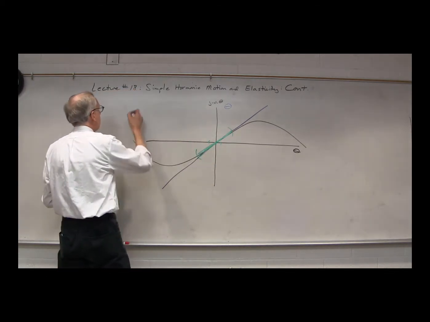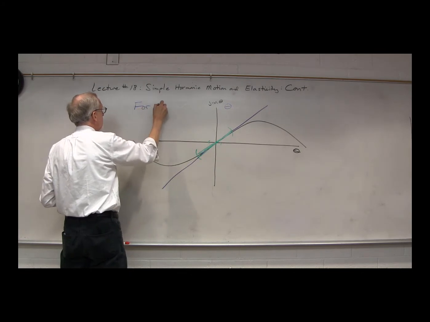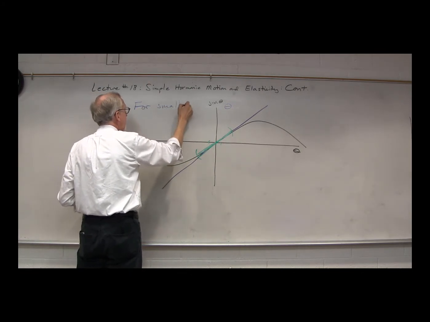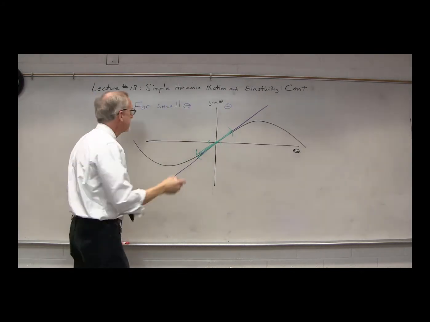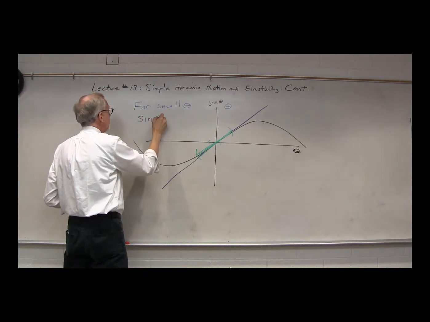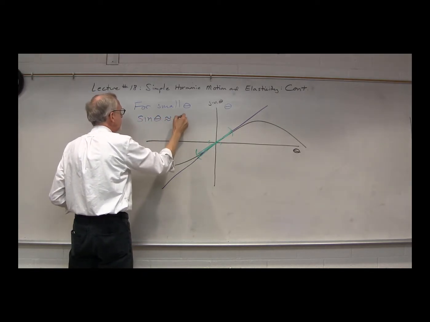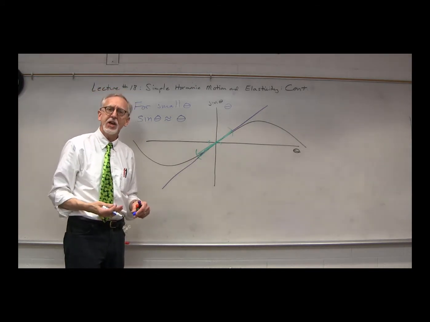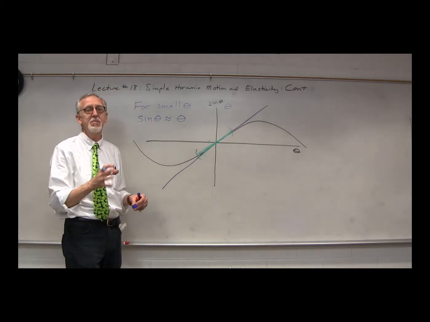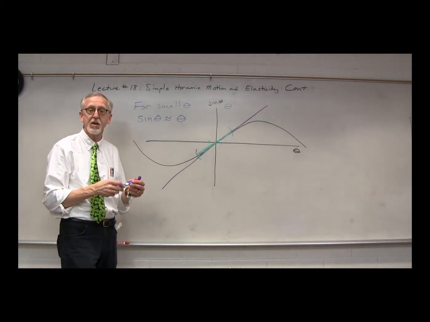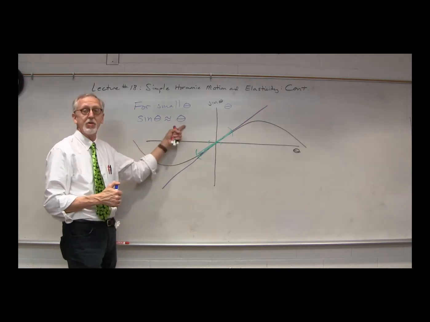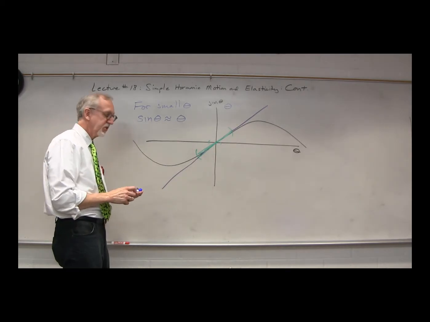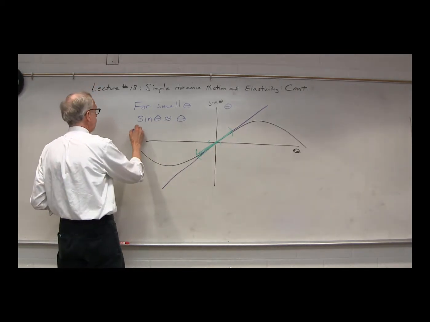So, for small values of theta in radians, the sine of theta is approximately the same as theta. Now, you can actually check this on your calculator. I'll give you some numbers and you can do it on your calculator and check for yourself, and we'll see how this works out. This is called the small angle approximation.